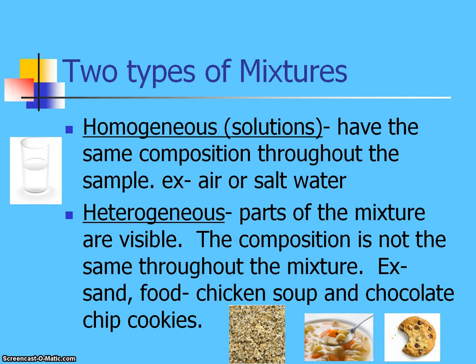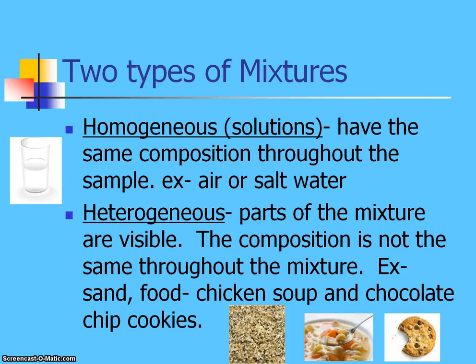The two types of mixtures. The first one is homogeneous. These include solutions. All solutions are homogeneous. They have the same composition throughout the sample. An example would be air. You can't see all the elements in the air. You only see one thing, or you can't even see air most of the time, but it's a mixture of many different things.